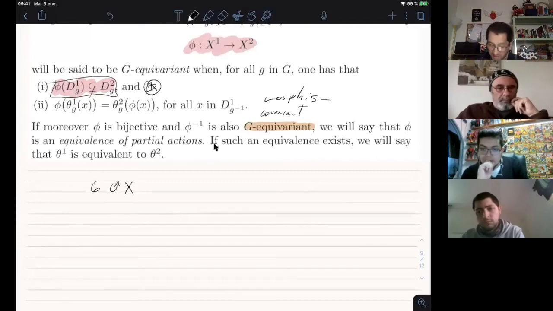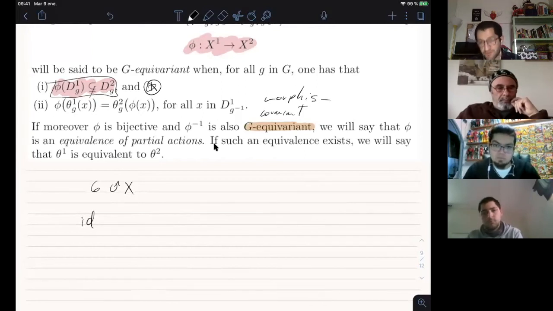The identity is going to be bijective, and if one action is contained in the other, we can have a morphism which is not an isomorphism.